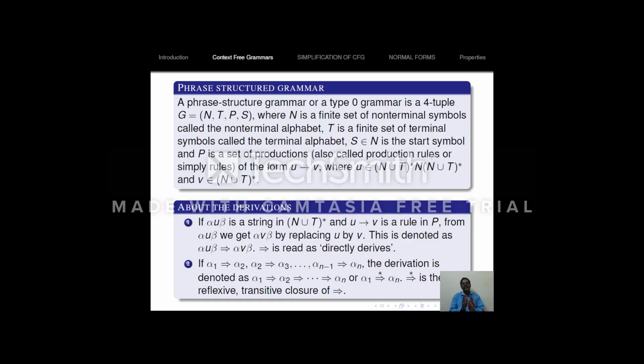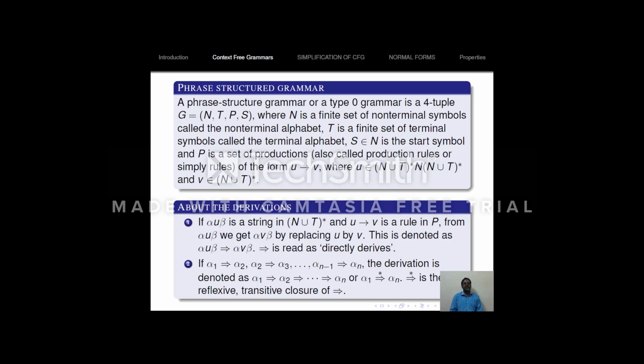So now formally we define a grammar, the phrase structured grammar. A phrase structured grammar or a type 0 grammar, the biggest type of grammar available in the Chomsky classification, is a 4-tuple.